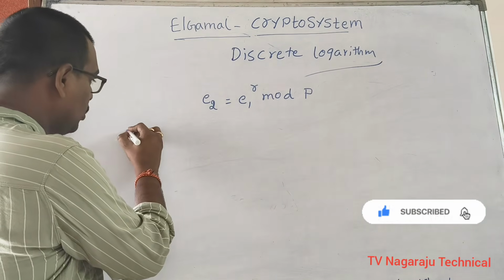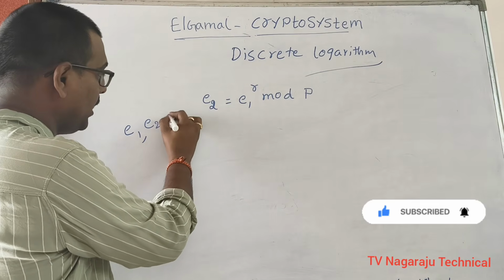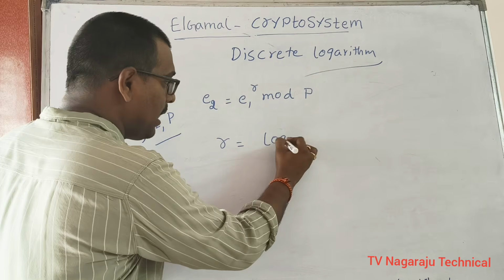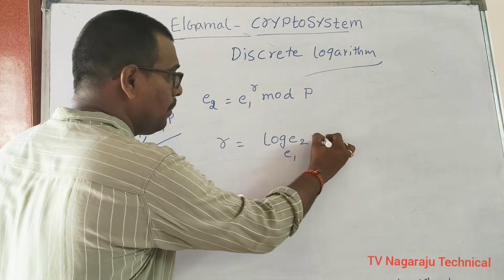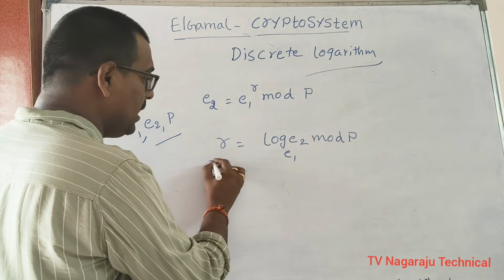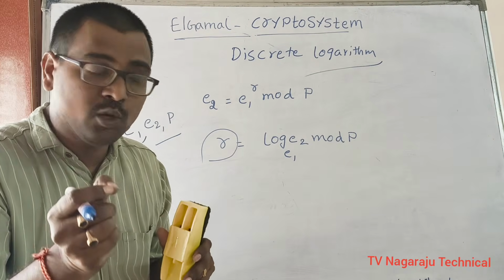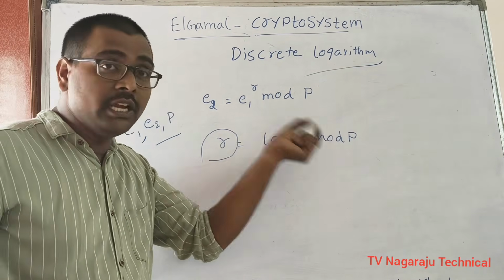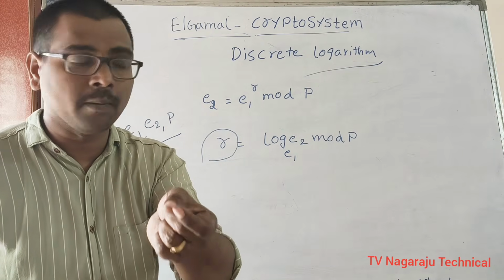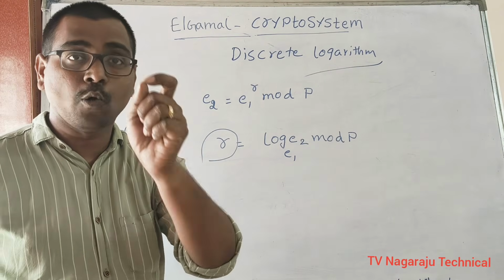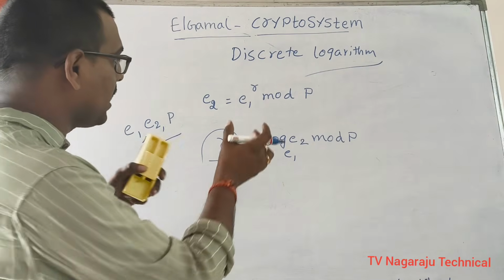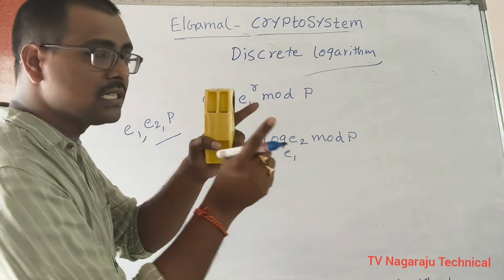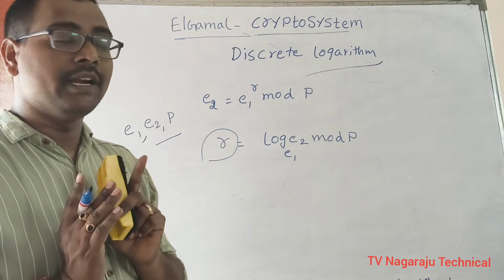But if I have the values of E1, E2 and P, and I want to calculate the R value, log E2 base E1 mod P, it is very difficult to calculate the value of R, even if you know E1, E2 and P, because it uses the discrete logarithm. This discrete logarithm provides security. Clear? Direct power modulo a prime is very easy, but calculating the discrete logarithm is very difficult.